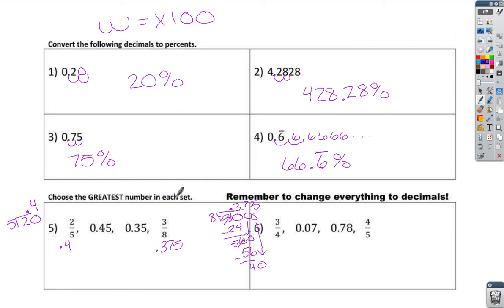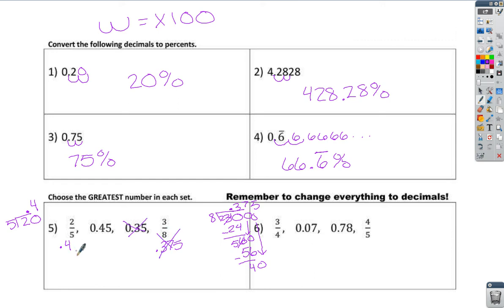Okay, so we have all these numbers in decimal form now, and we need to choose the greatest number in each set. So we're going to look at the first number after the decimal. Whichever number is the biggest is going to be one of the biggest numbers. So we have a 4, a 4, a 3, and a 3. 3 is smaller than 4, so these two are out.